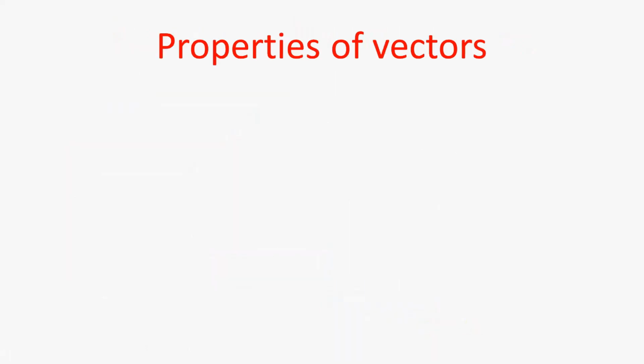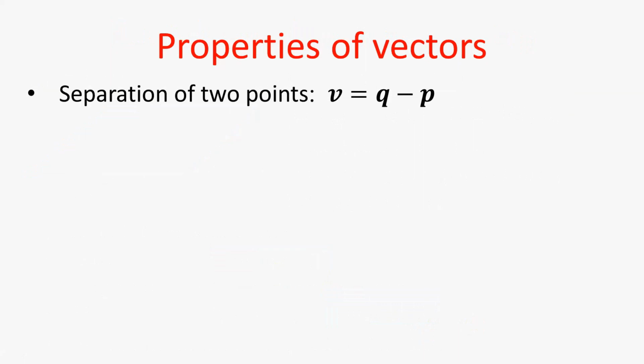Let us examine the properties of vectors. A vector is just the separation of 2 points. If a point is considered as an ambient space vector, then the vector of our geometry is just the difference of these ambient space points.